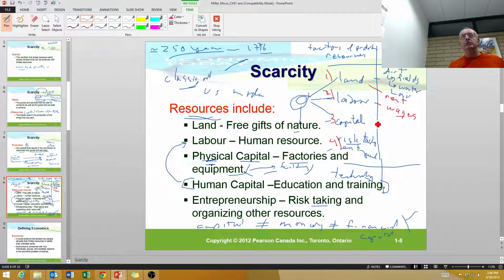And the return to capital, in classical economics, is known as interest. And this is a different concept of interest than you will study in accounting and finance. Normally in the world of finance, interest means the interest on a loan. I borrow money from the bank, I pay the bank interest. That's not what economists talk about.